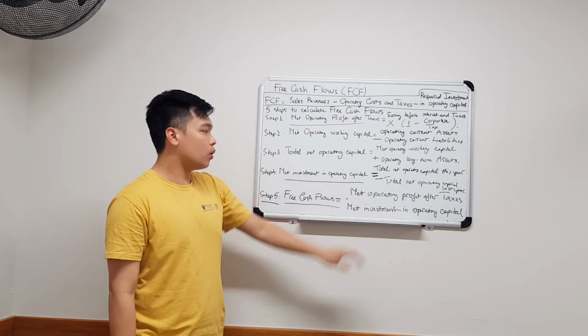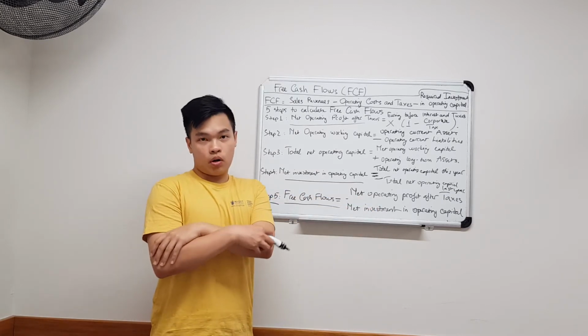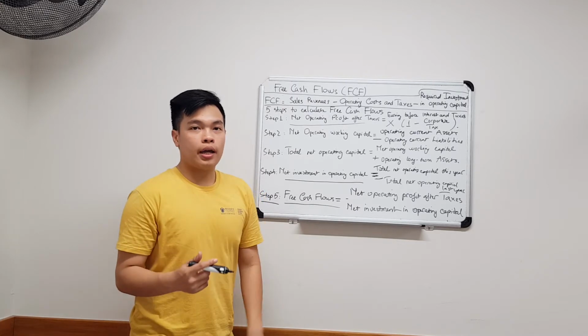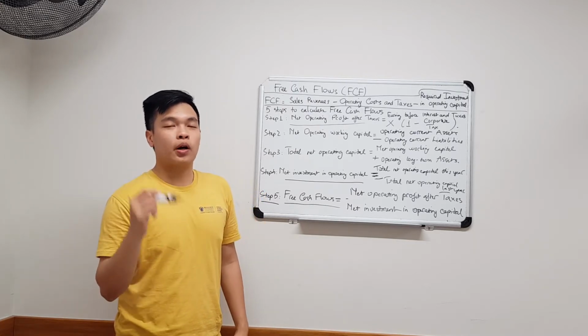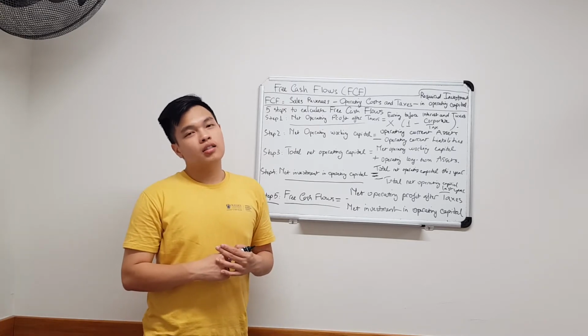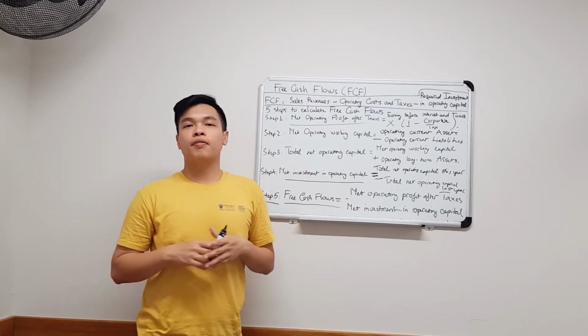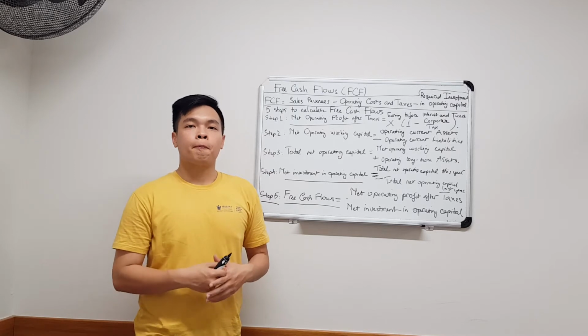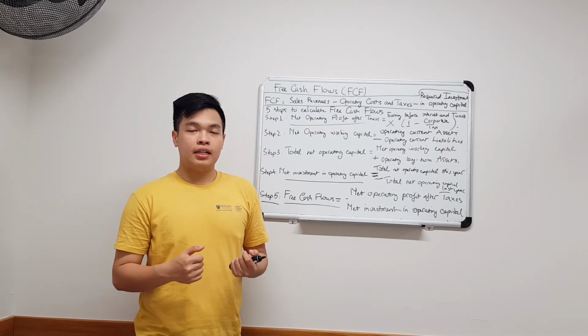Free cash flow equals net operating profit after tax minus required investment in working capital. So these are the 5 steps to determine the free cash flow of your company.